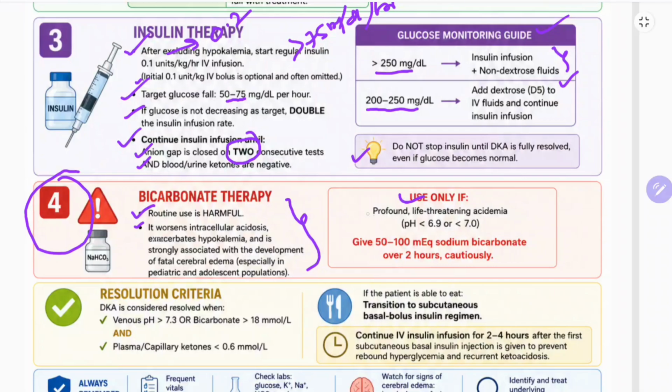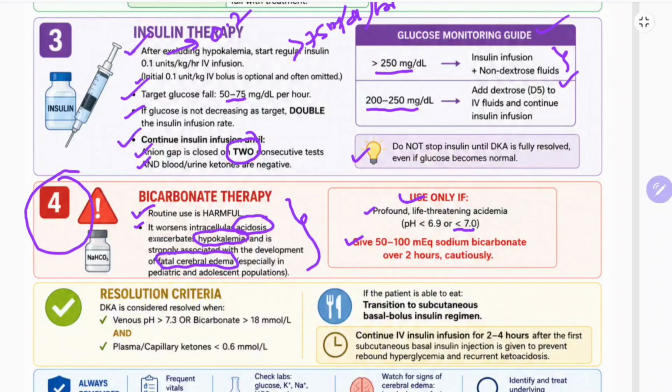Use it only if there is profound life-threatening acidemia, for example if the patient has pH less than 7, meaning severe DKA. How much? Give 50 to 100 milliequivalents of sodium bicarbonate over 2 hours, very cautiously. If routinely given, it will worsen the acidosis and the hypokalemia, and it can cause fatal cerebral edema.